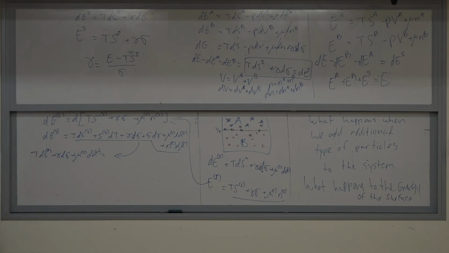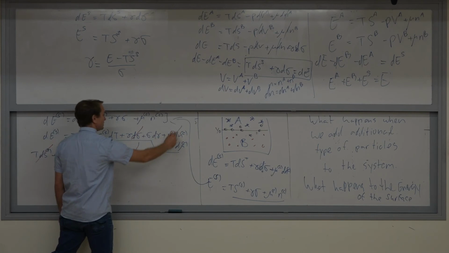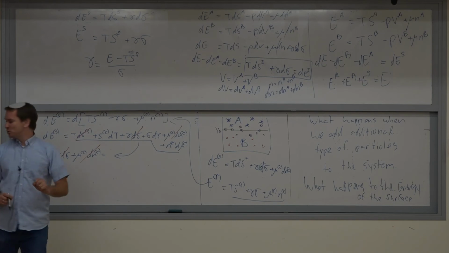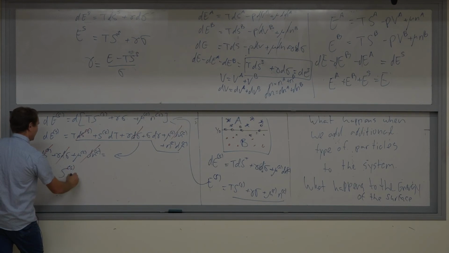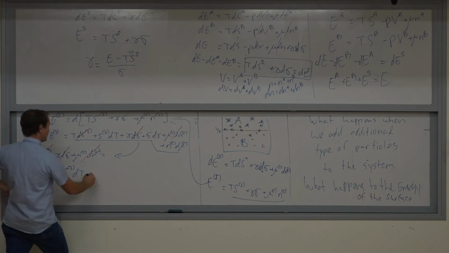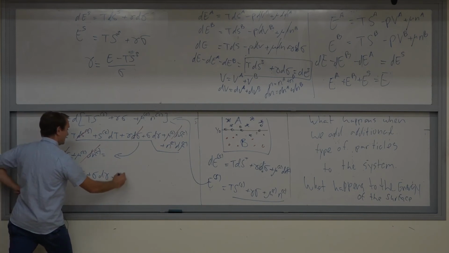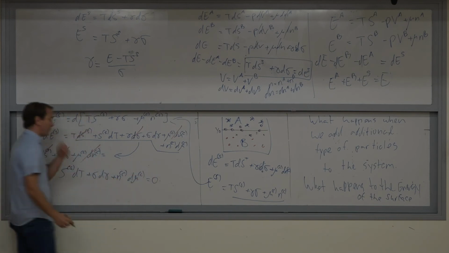When I have this equality, this goes with this, this goes with this. What is still left? This disappears with this. And this is how I obtain, as initially, the Gibbs-Duhem equation. What I eventually get is that S dT plus sigma d gamma plus N_C d mu_C goes to 0.